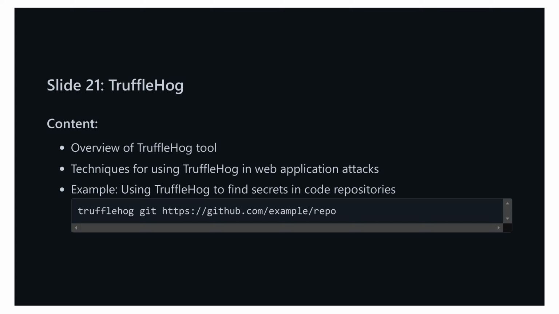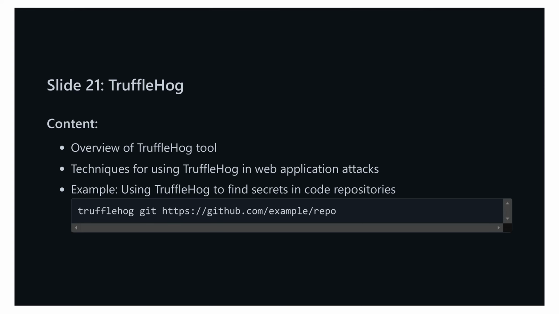To effectively use Truffle Hog, you must point it to a specific repository URL and let it perform a deep scan. For example, by running the command trufflehog git github.com/repo, Truffle Hog will analyze the specified repository for any potential secrets hidden within the commit history.